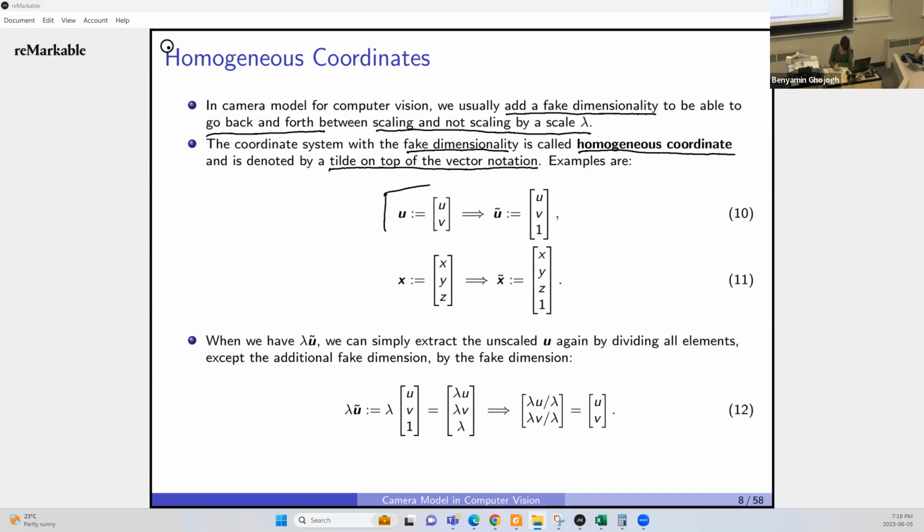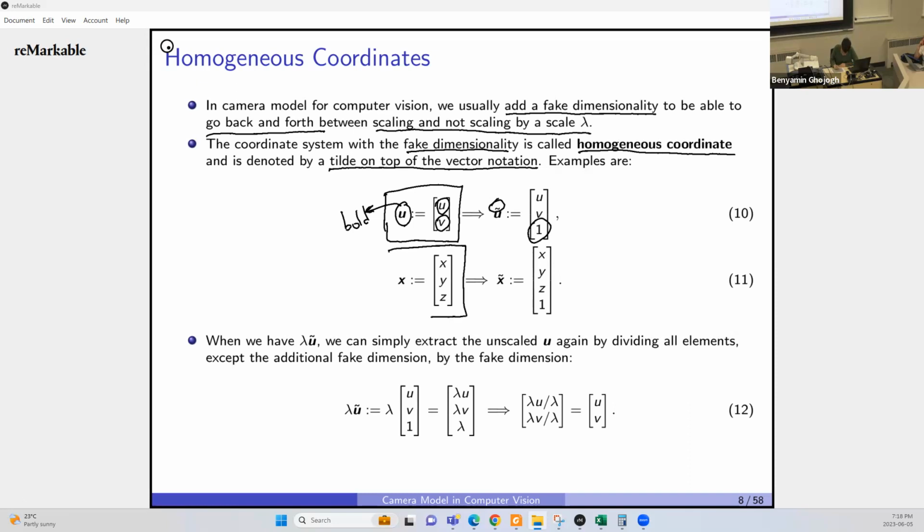So consider this. U, V, these are in terms of pixels, right? I can write it as a vector u. Note that this is bold, and these two are scalars. So this is a vector. When I denote it by bold, I mean vector. So a vector of u and v. Then I have a tilde: I add a fake dimensionality 1.